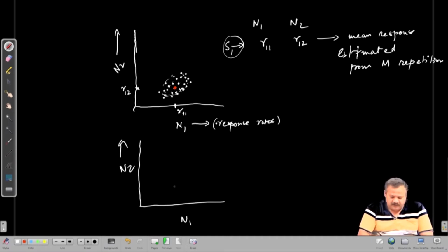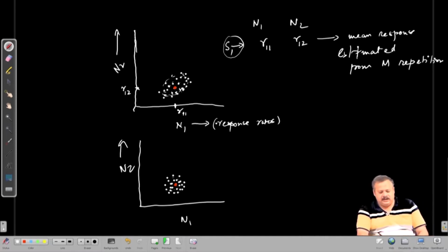So, if we have the red dot here, then we will see a circular distribution of scattered points, that is, they are equally varied around the two response directions.